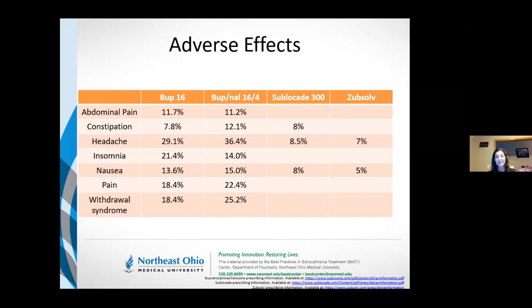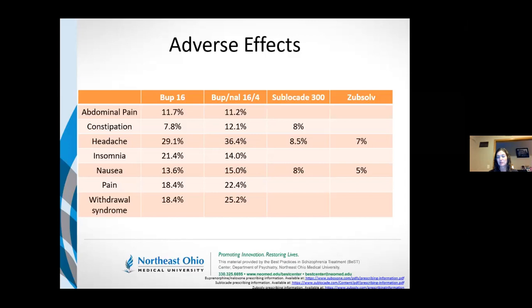As you can see, for the most part, the mono product and the combination product were similarly tolerated. They really had the same adverse effects in similar percentages. Headache was one that was reported, withdrawal syndrome also being another, recognizing that in a number of the trials, there were patients that were just initiating some of these medications.